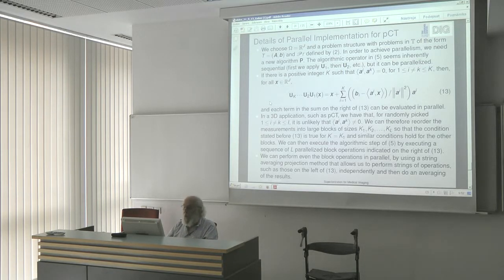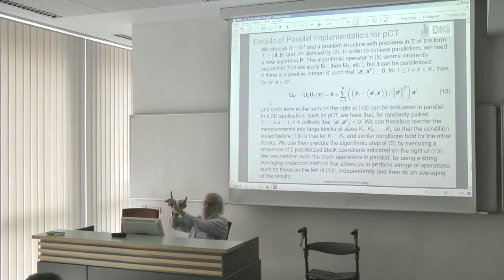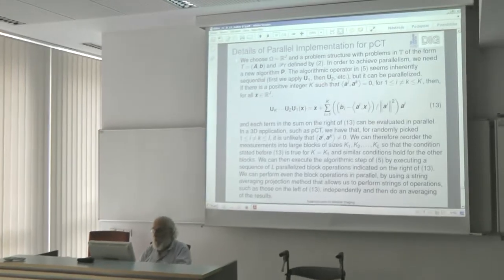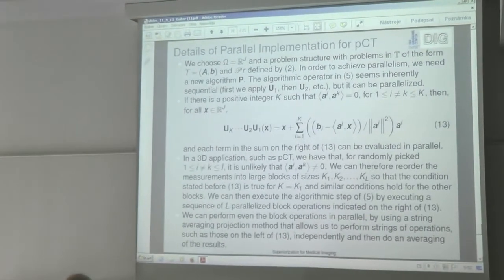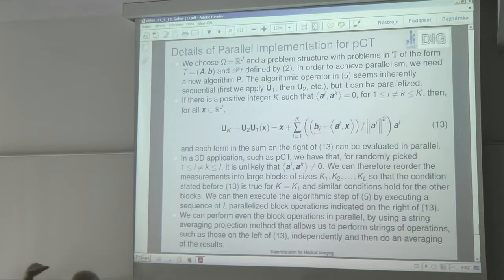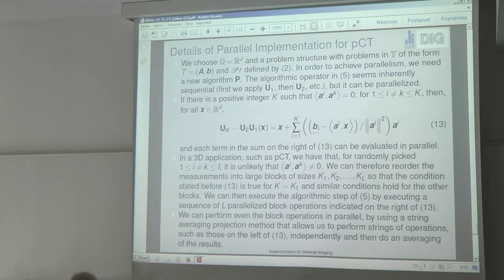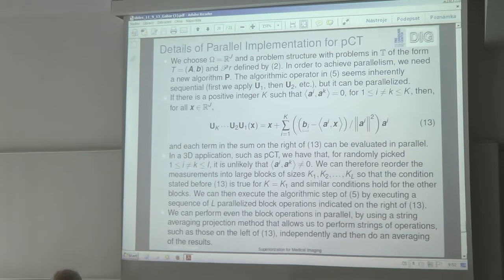But if one measurement is for this ray going through the head, and another measurement is for this ray going through the head, and those two rays do not intersect, then applying the steps one after the other results in an update which is like this, because the change you made at the end of the first step doesn't influence what you do in the second step, because the rays don't intersect.